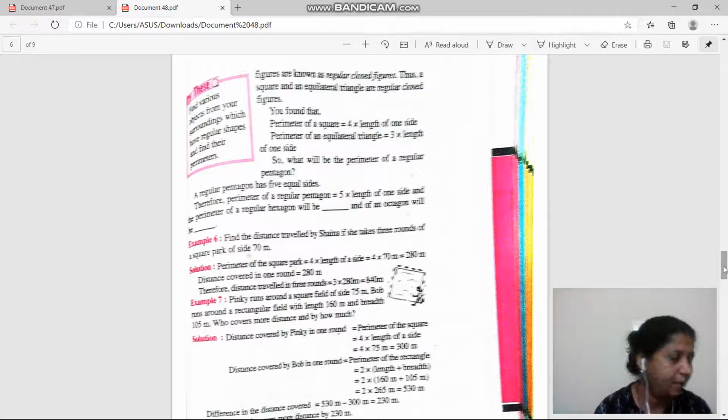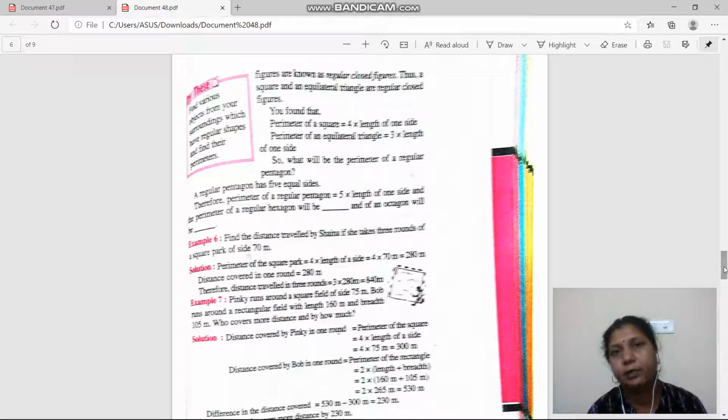Now next. The distance covered by Bob in one round is equal to the perimeter of a rectangle. Why? Because he runs around a field which is rectangular in shape. The perimeter of a rectangle is 2 into length plus breadth. So it is 2 into 160 plus 105, which is 2 into 265, so it is 530 meter.